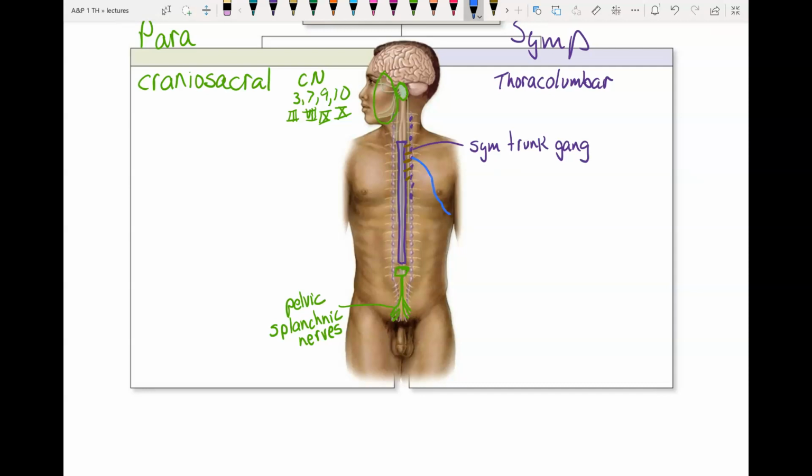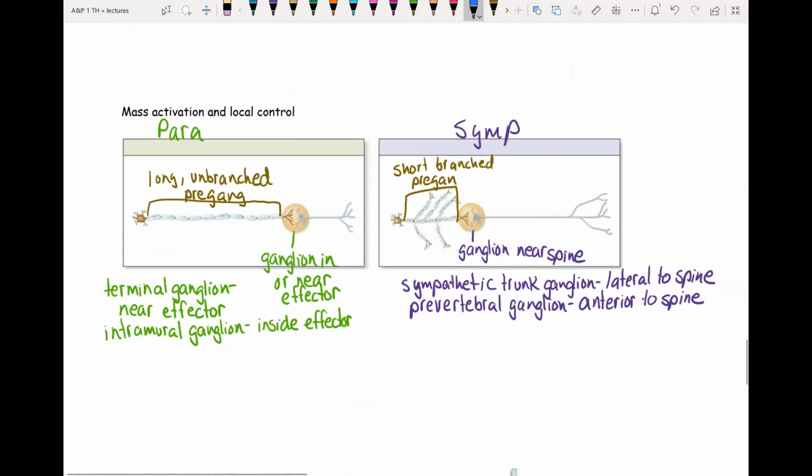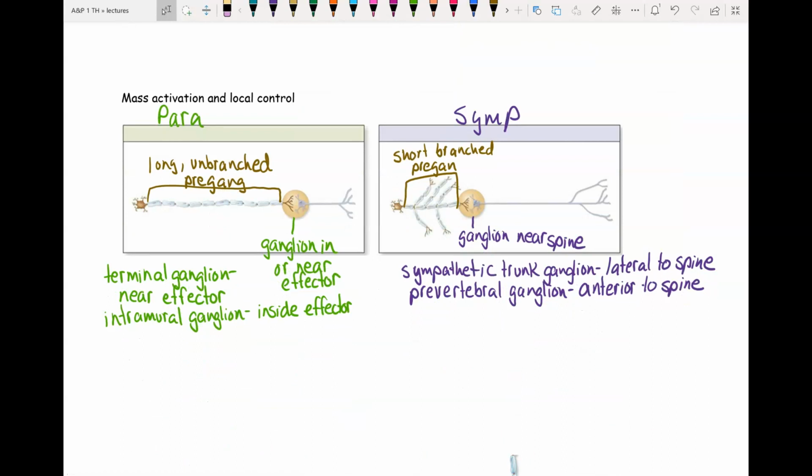So the postganglionic is long. In parasympathetic, the preganglionic would be very long. Right? It might come from here, it might come all the way out. And then you would have just a very short postganglionic. Notice that in both of these, your postganglionic is unmyelinated.